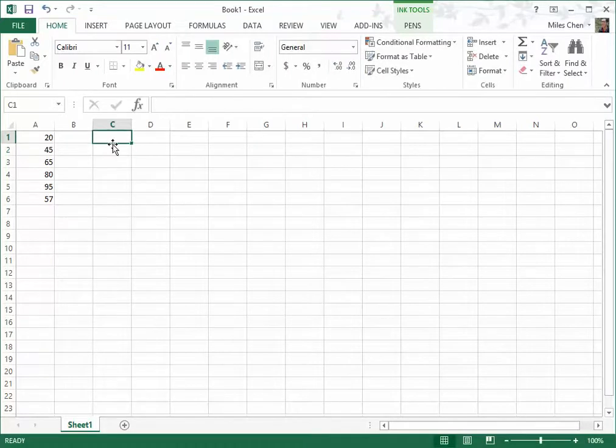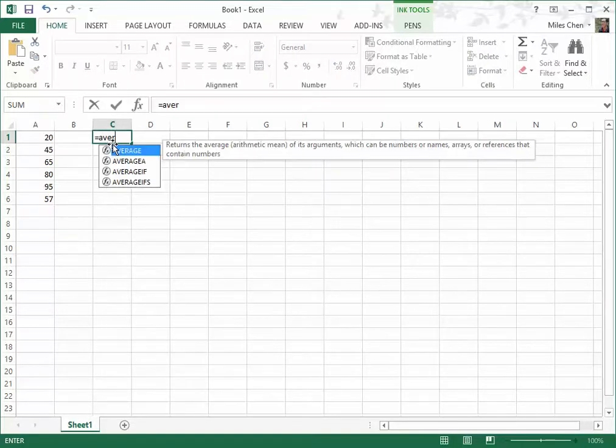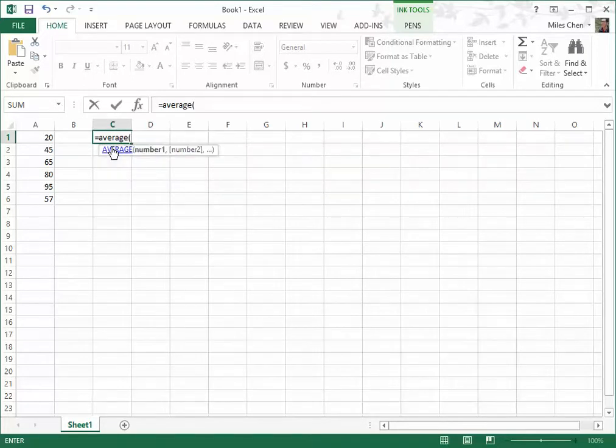So you tap one of your cells and you hit the equal sign. To get the mean, you type in average and hit parentheses, and then you highlight the numbers that you want to enter into your formula. Notice I have equals average, and it says A1 colon A6.